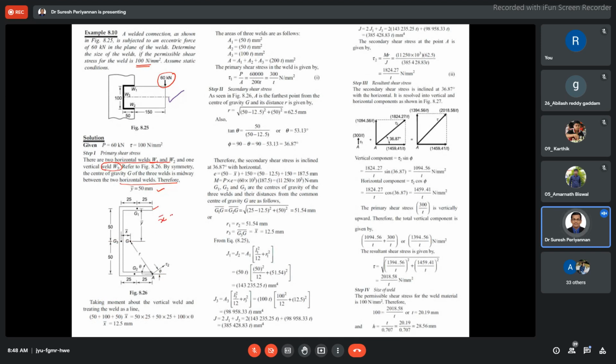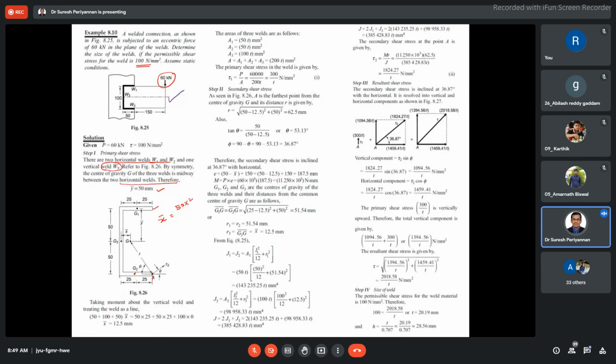X bar is found by considering the center of gravity of each weld. The length of weld 1 is 50, and its center of gravity is 50 by 2.